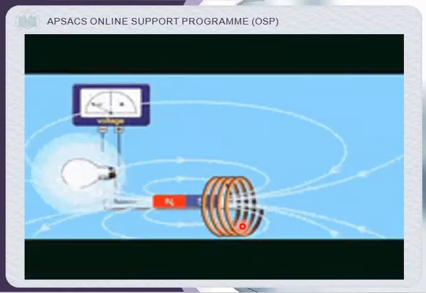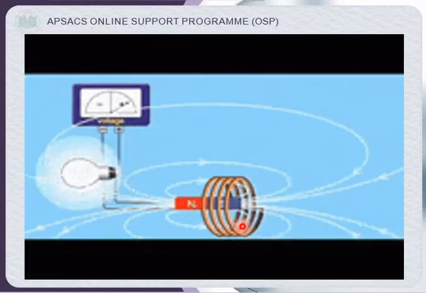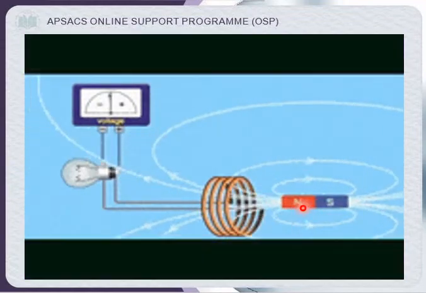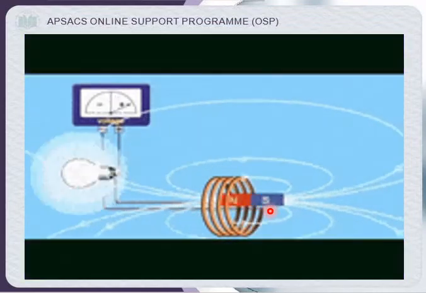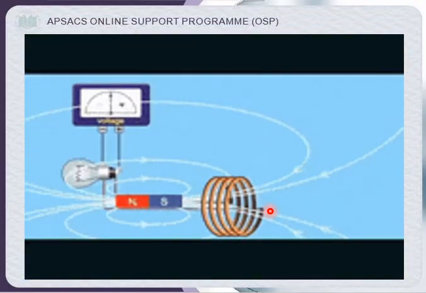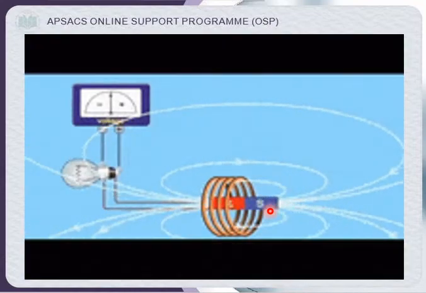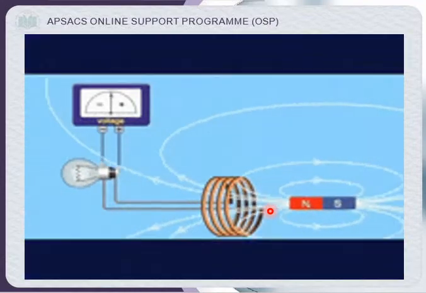Now why is this current flowing and where is it coming from? It is because of the relative movement of this bar magnet, this permanent magnet, towards the coil or away from the coil.